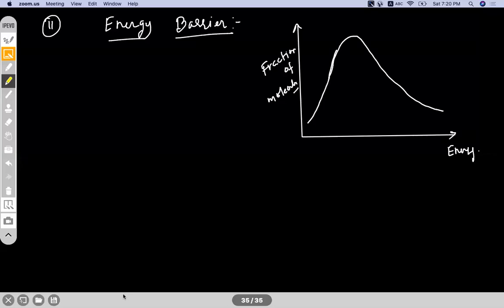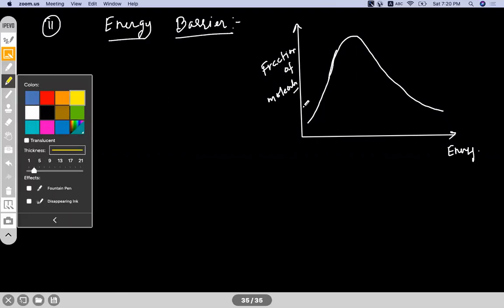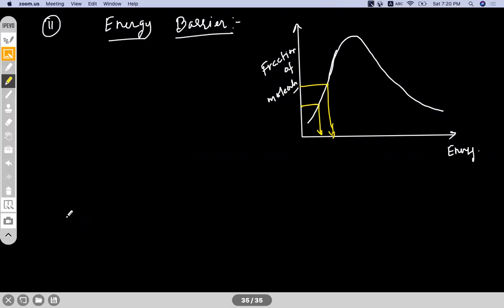So all these fractions of molecules, this represents the energy of the various fractions. Like if the fraction is this, the energy is this, and like this we have the energy is this, and so on. Correct. So among all these energies, we should have a minimum amount of energy for a collision to be effective. It's not like this fraction of molecules has certain energy, that fraction has certain energy, and all these molecules will provide effective collisions.